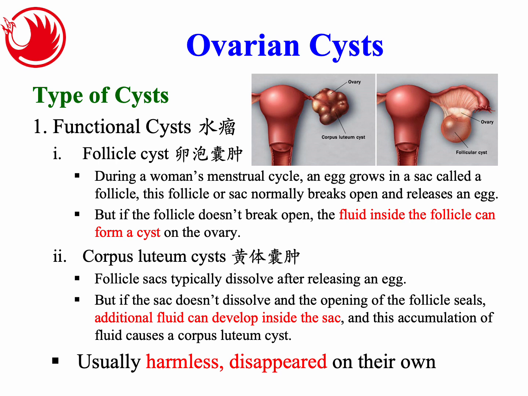As for corpus luteum cyst, it starts off with a follicle sac, which typically dissolves after releasing the egg. But if the sac doesn't dissolve and the opening of the follicle seals, additional fluid can develop inside the sac.